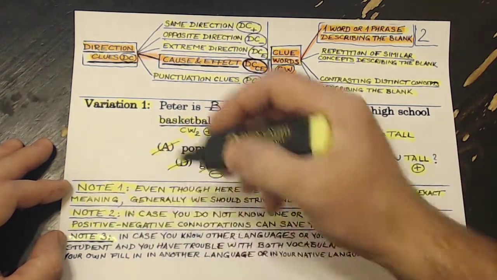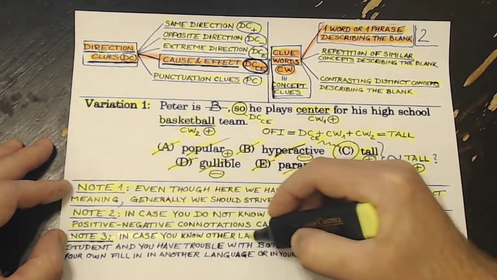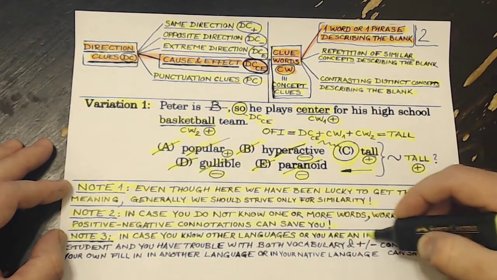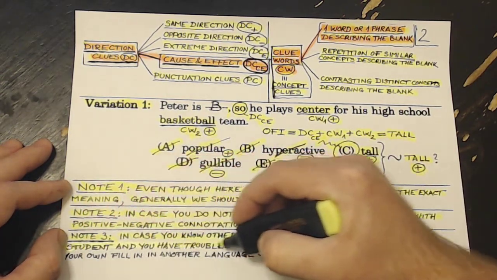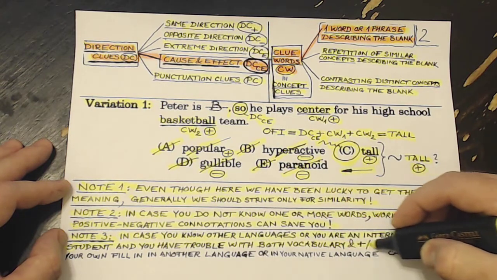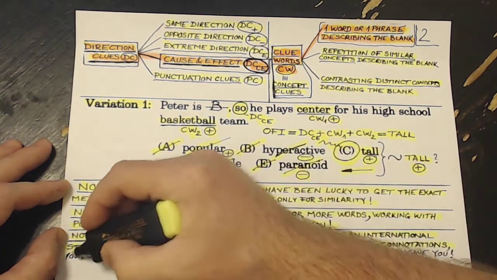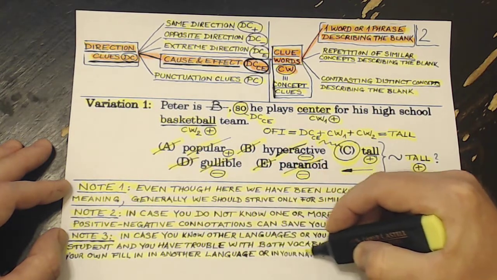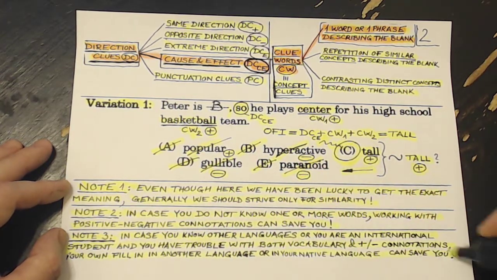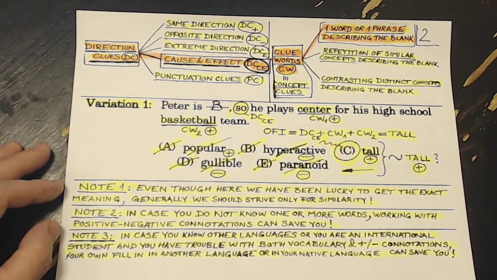Note 3. In case you know other languages or you are an international student and you have trouble with both vocabulary and positive negative connotations, your own fill-in in another language or in your native language can save you. Okay? Let's move on to a different exercise.